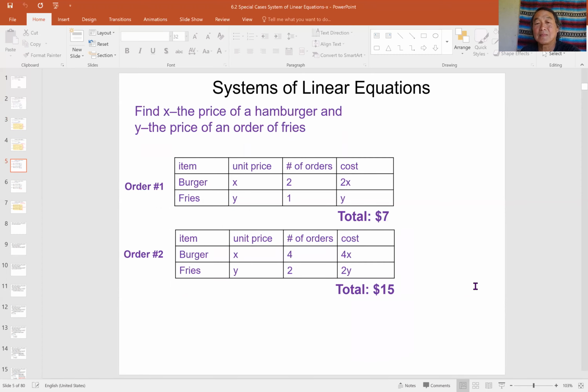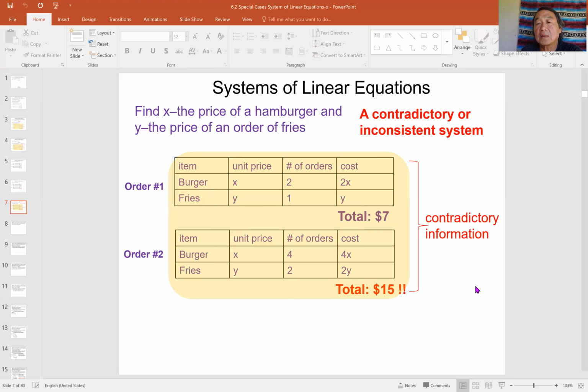And the second receipt says 4 burgers, 2 fries, but then you look at the price, it's $15. The second order, you go back to the shop. We call these contradictory calculations, contradictory or inconsistent systems.